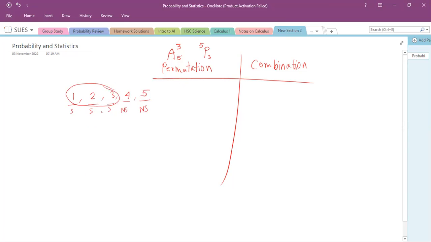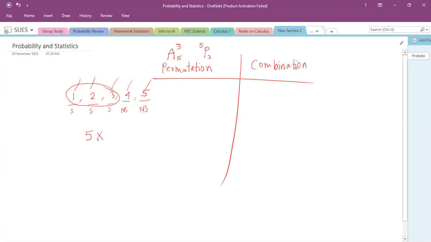So here 1, 2, and 3. We can take the first person from any of these 5 people, so we can take them 5 different ways.